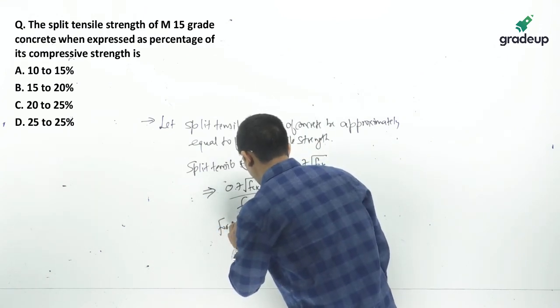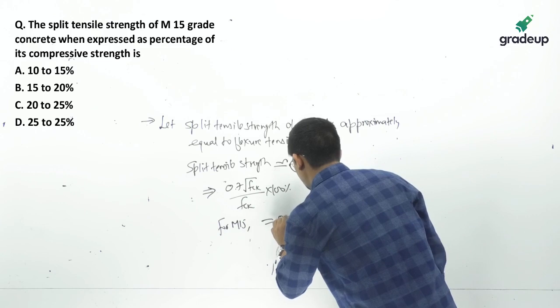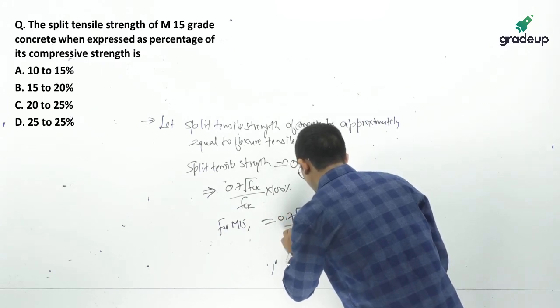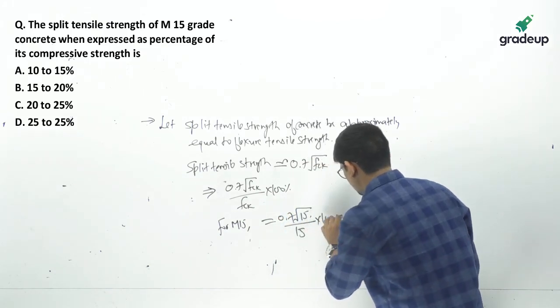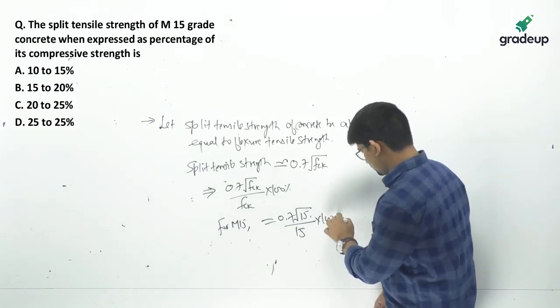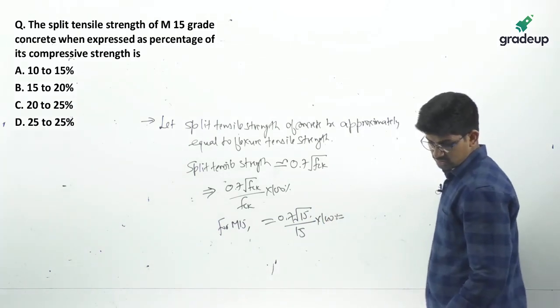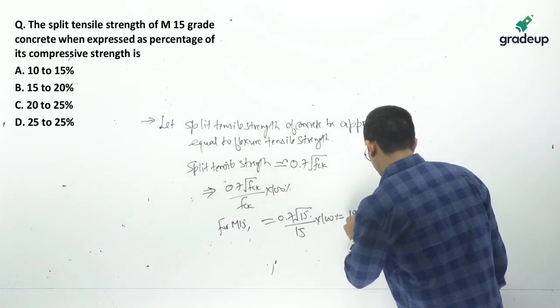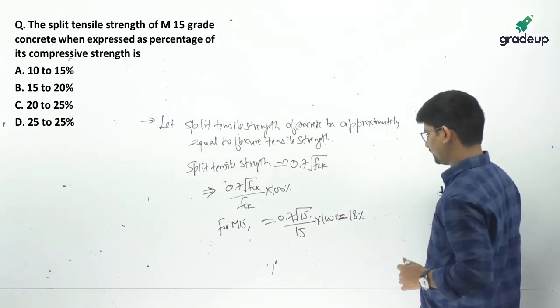So for M15 the ratio is 0.7 under root 15 divided by 15 into 100. If you solve this, the value which you will get is roughly about 18%.